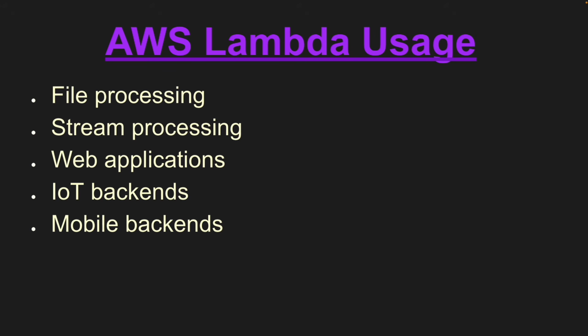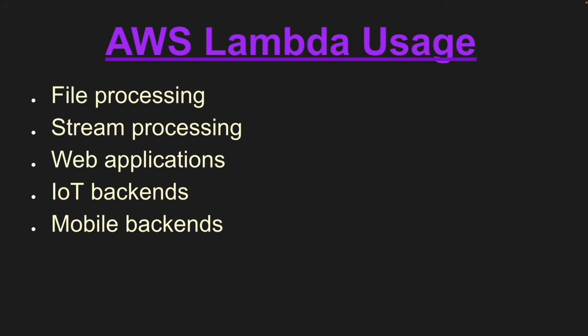The third one is web application, which is important. Combined with the API Gateway, a Lambda function can create powerful web applications that automatically scale in and scale down. This is one of the bigger areas where Lambda is used. The fourth one is backend, IoT backend.